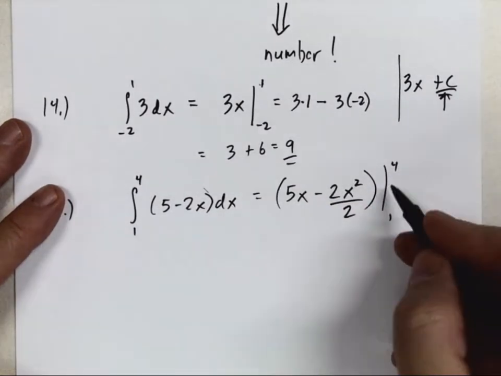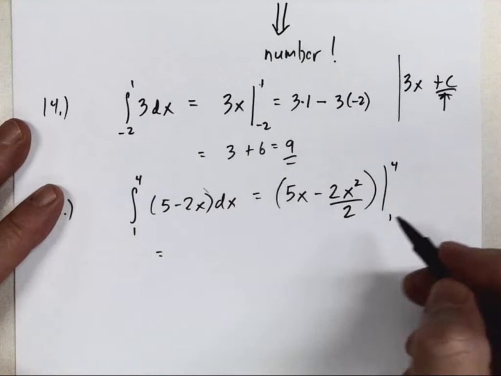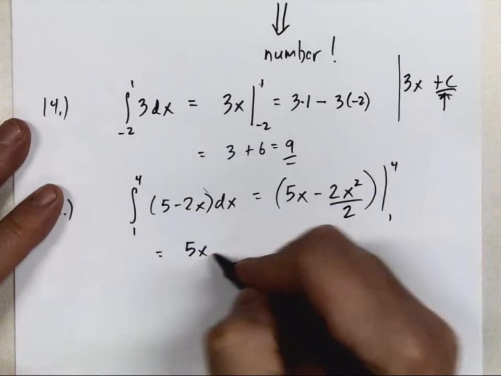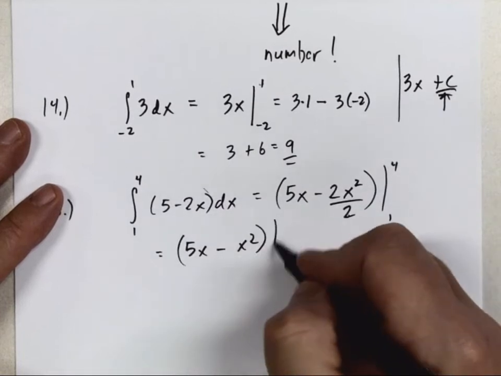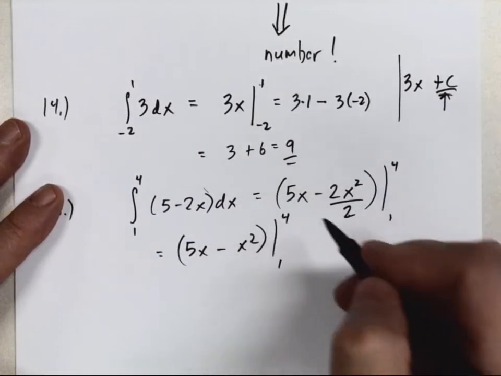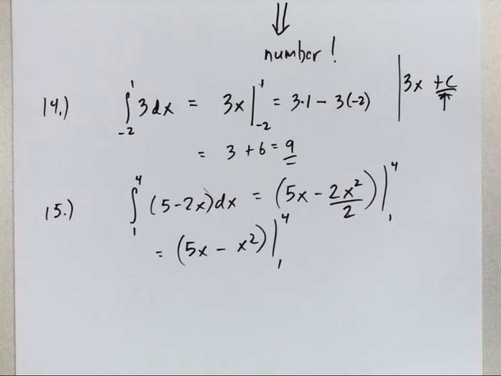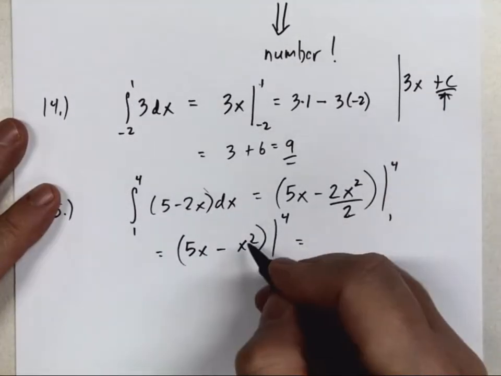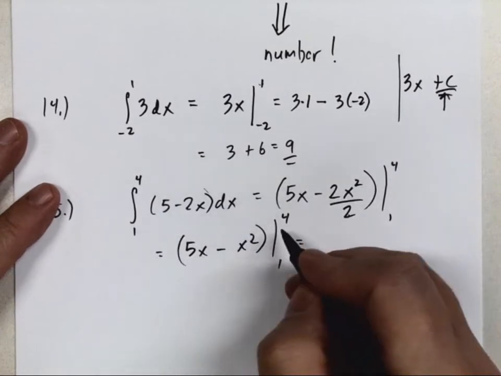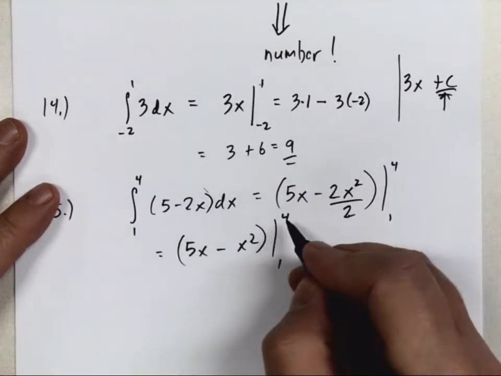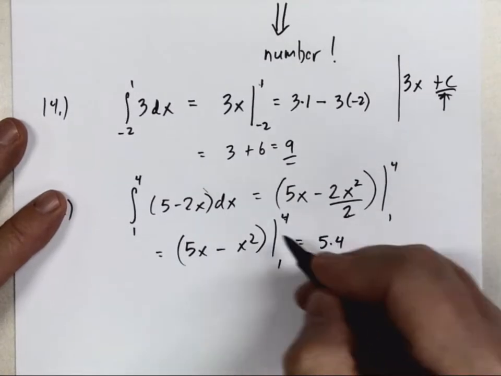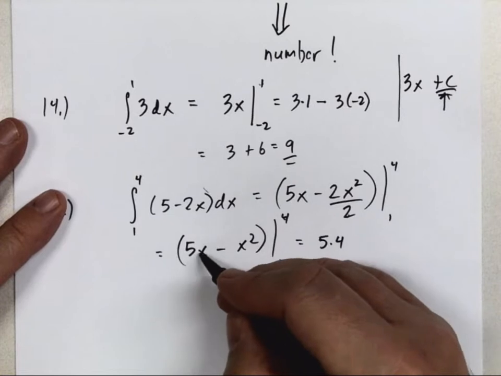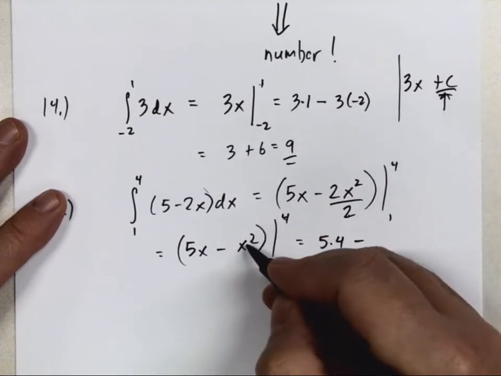Let me simplify this before we evaluate it here. So it's going to be 5x, these 2's cancel out, minus x squared. All right, so now we've integrated it. Now I want to evaluate it. So once again, you take the whole expression and you plug in 4 for all the x's. So the 4 goes here, 5 times 4, minus x squared.